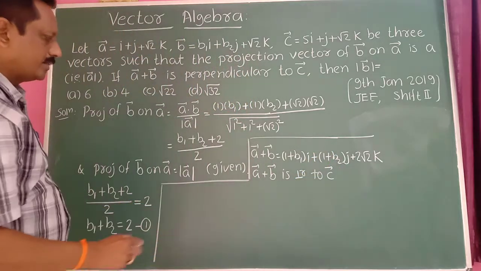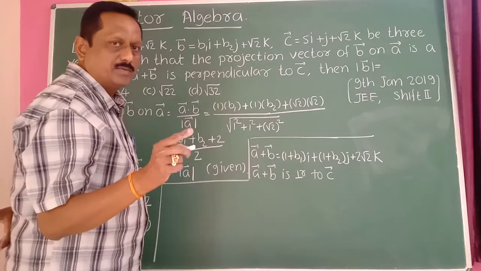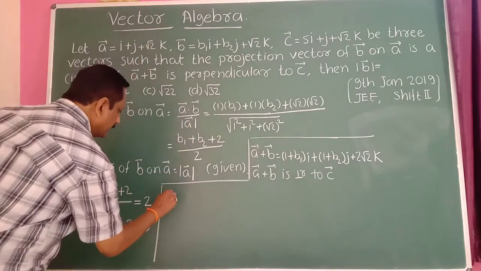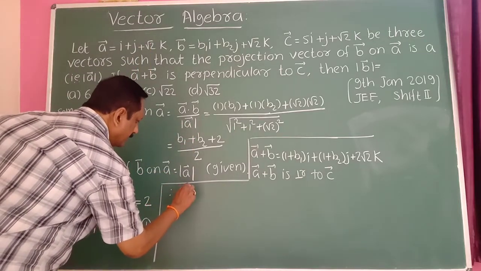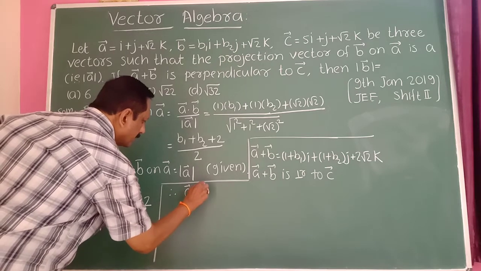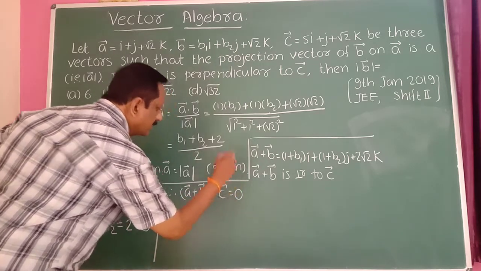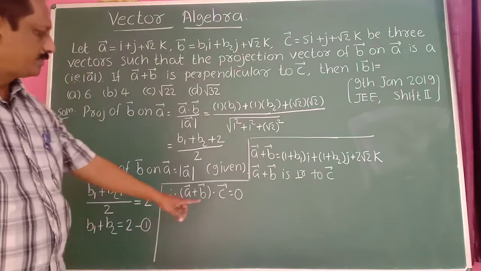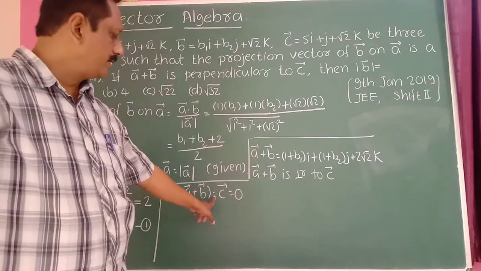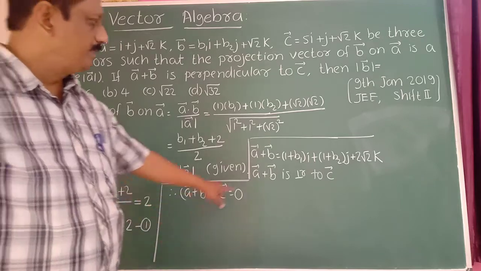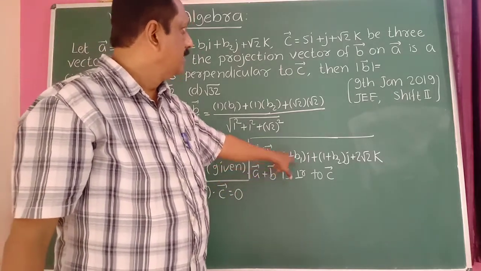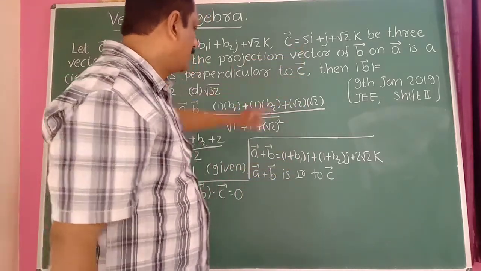And you know that two vectors are perpendicular if the dot product is 0. Hence, a bar plus b bar dot c bar is equal to 0. A bar plus b bar is this vector, c bar is this vector, it's a dot product here.